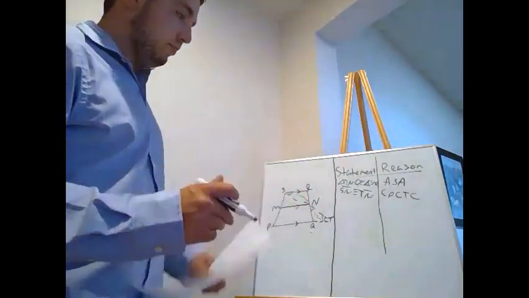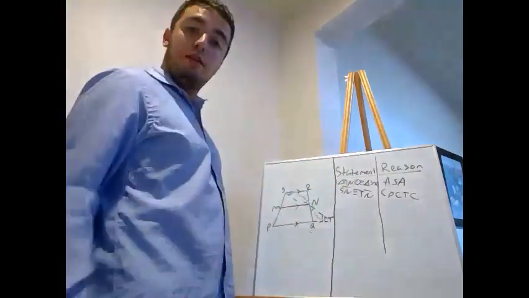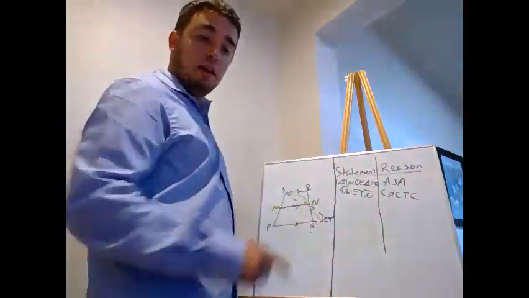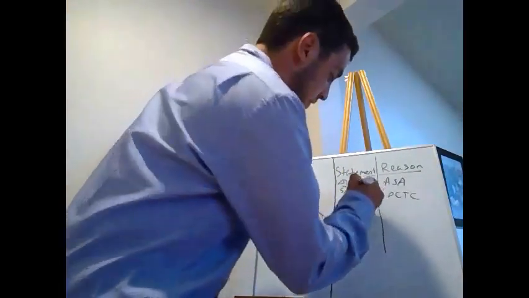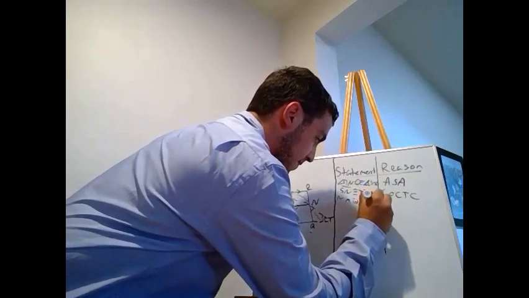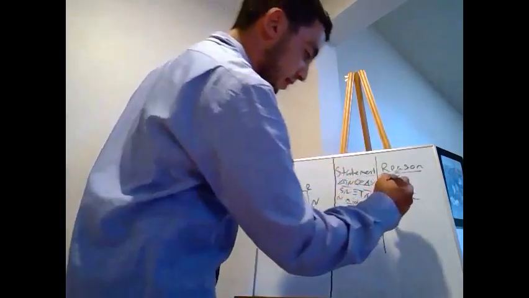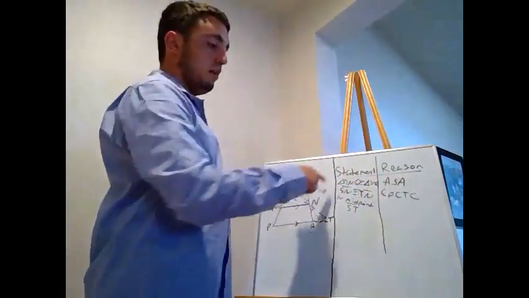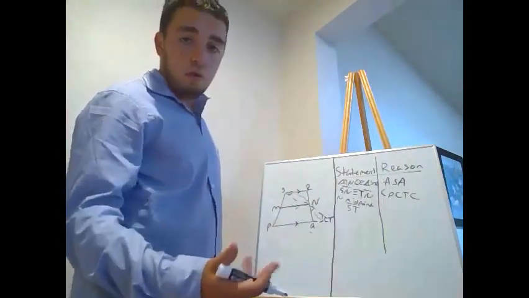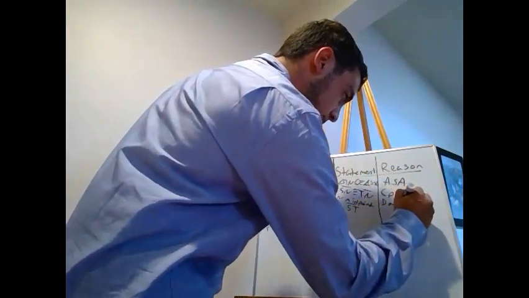Now from there, we can say that N is the midpoint of ST, since SN and TN are congruent. So I will write N midpoint of ST. That is by, you can either, if we number our statements, we would say by statement number 2, or we can say by definition of midpoint, because that's what a midpoint is.